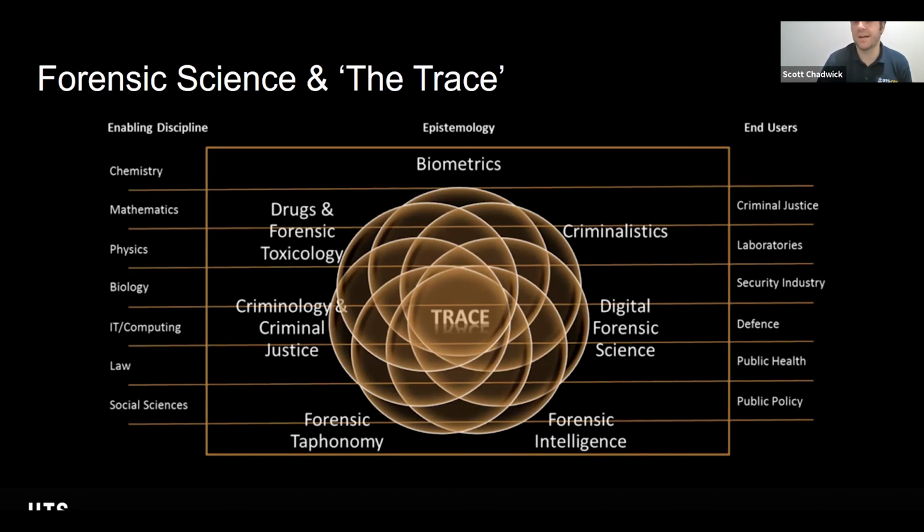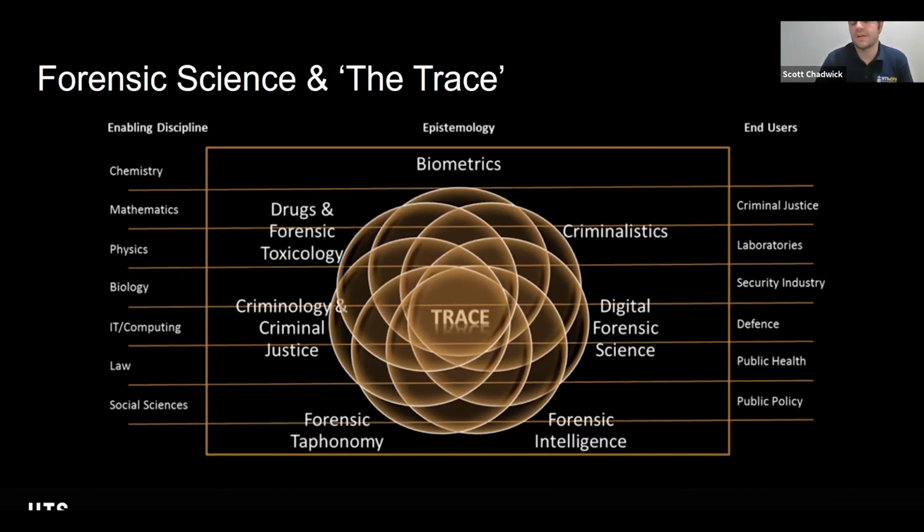If we want to understand how drugs are being sold on the dark web, well, we'll need to have some understanding of IT and computing. We'd have to go onto online forums. So you can see how within our areas of forensic science, there are these overlapping areas that are coming from our enabling disciplines.